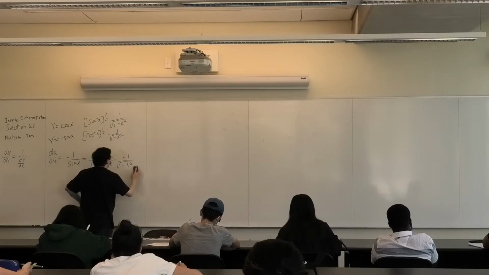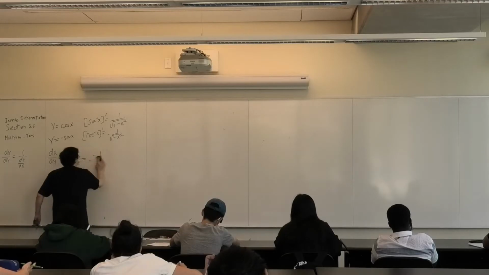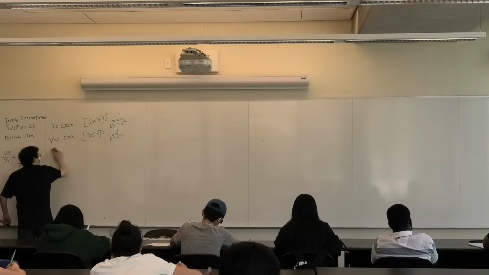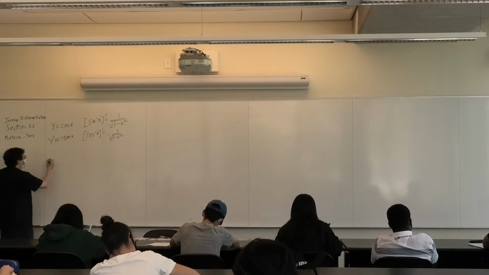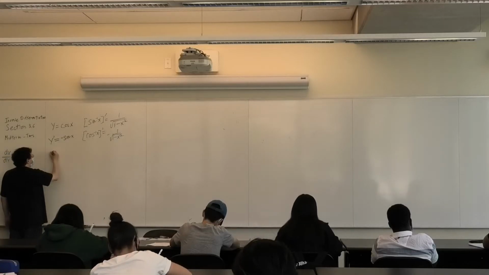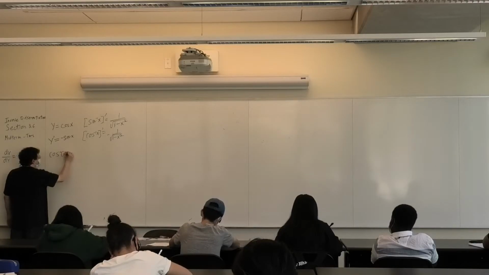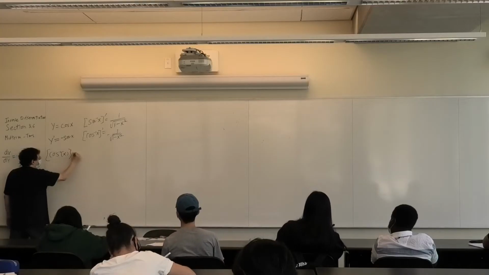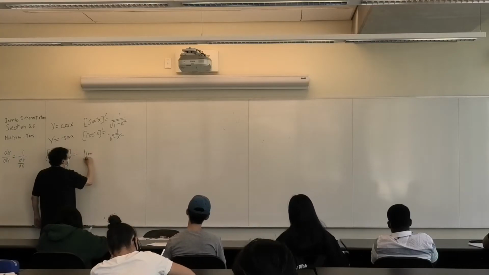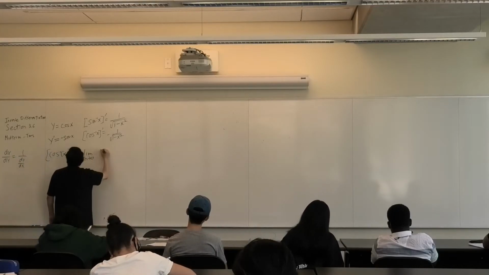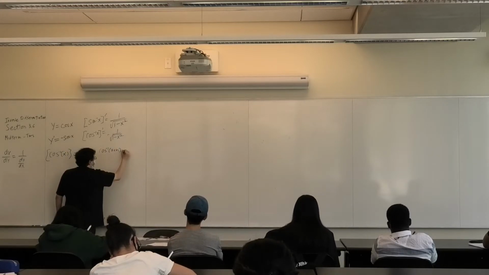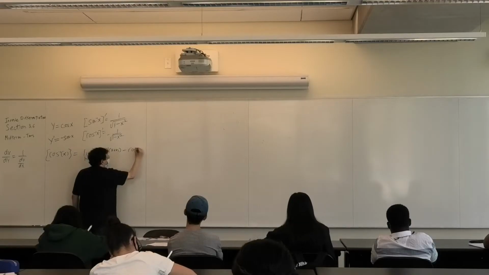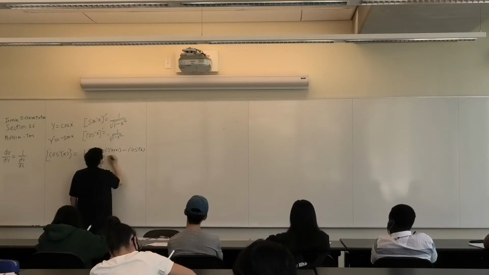Well, given that we didn't have to go through the pain of saying the derivative of cosine inverse x equals the limit as h goes to 0 of cosine inverse of x plus h minus cosine inverse of x, over h.